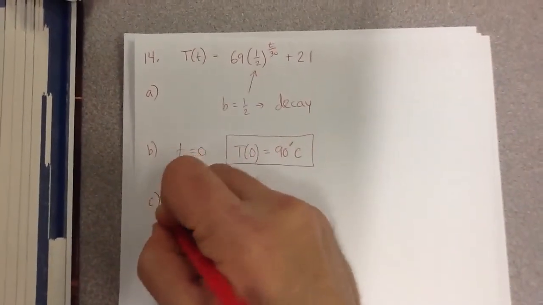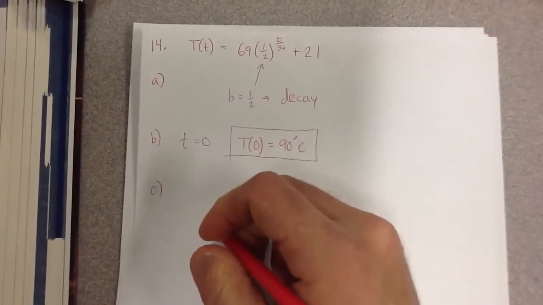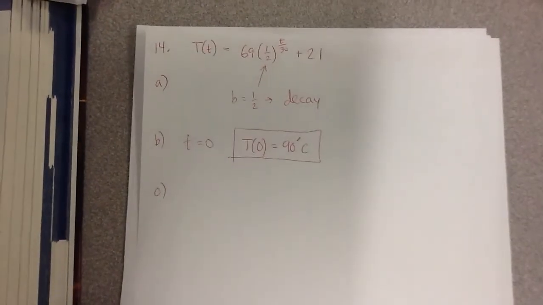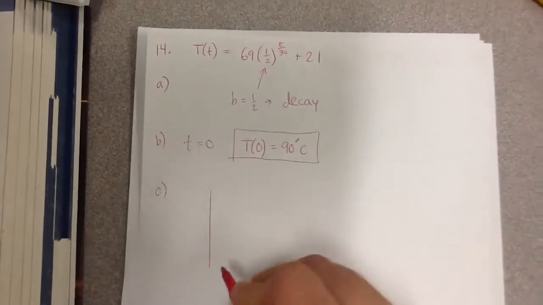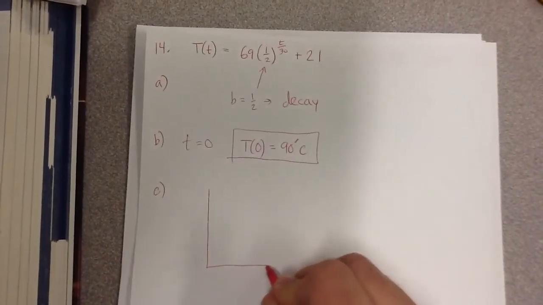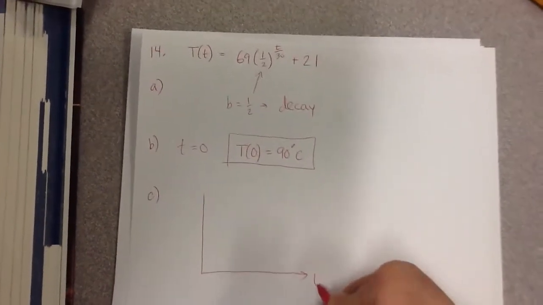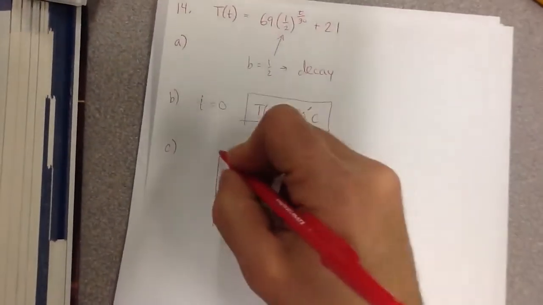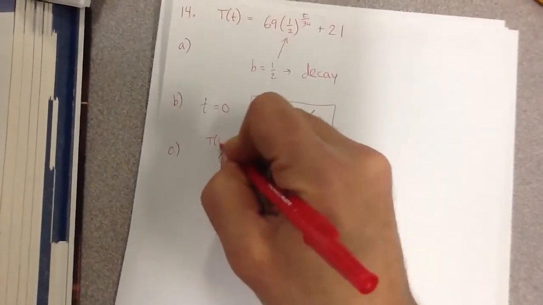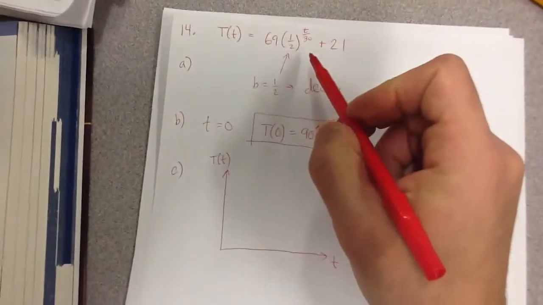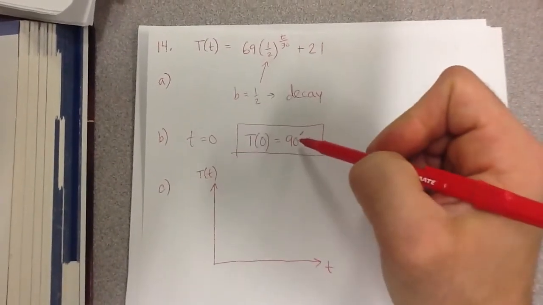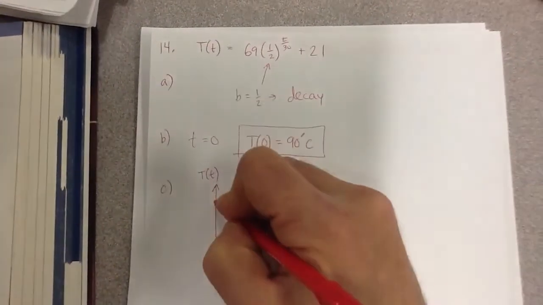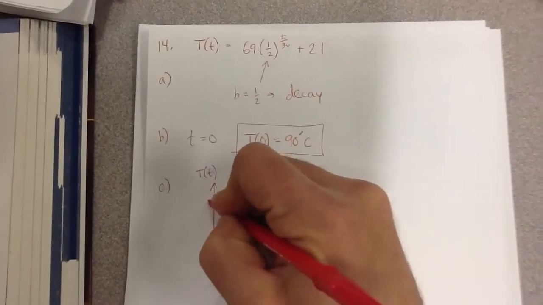So let's take a look at question C. Use your knowledge of transformations to sketch a graph. If it just wants a sketch, it does not require 5 points, it just wants a sketch. It's very easy to come up with a sketch from what we know about transformations of exponential functions. So we know what the starting temperature is, it's 90, so clearly here is 90, let's say.